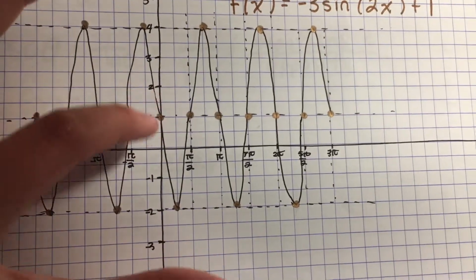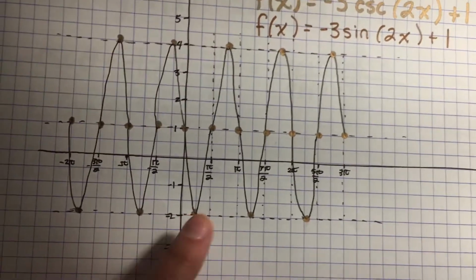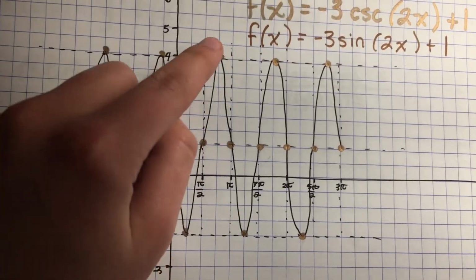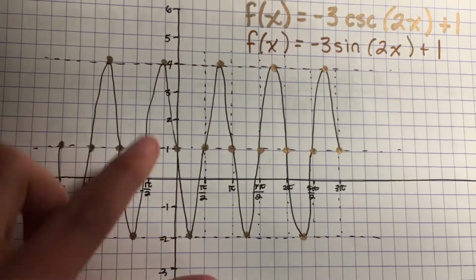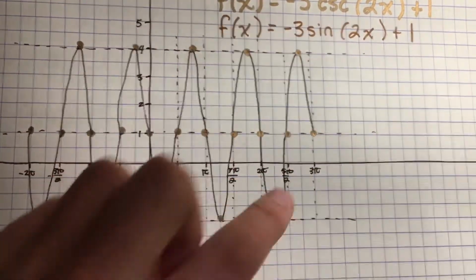So from 0, this only decreases to -2, so by 3 points, and then increases all the way up to 4, which is by 6 points, each 3 points away from the 0.